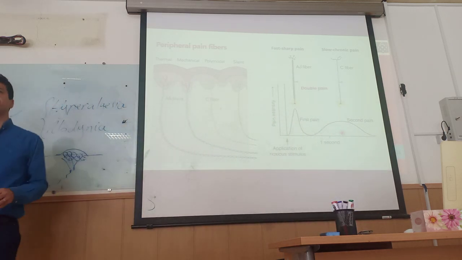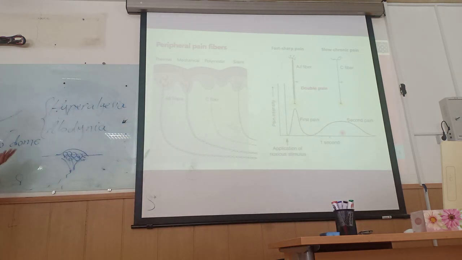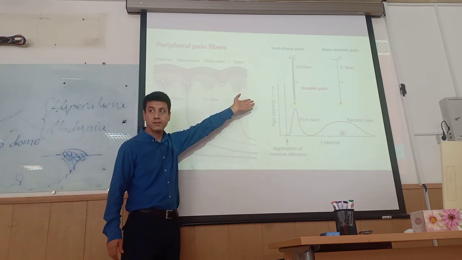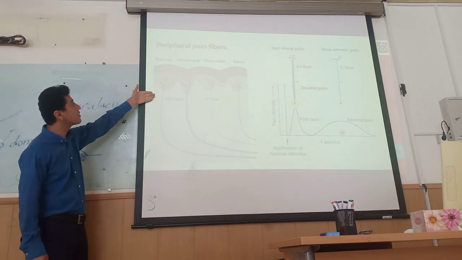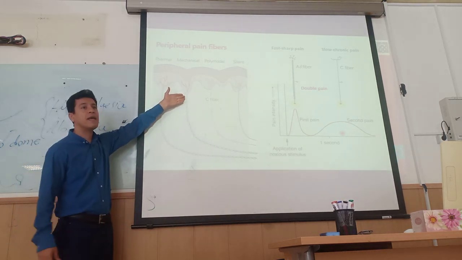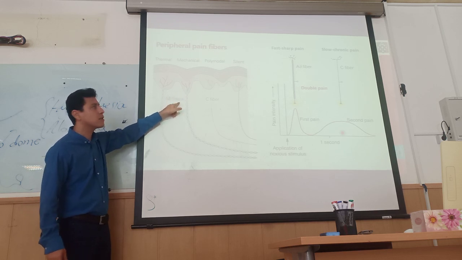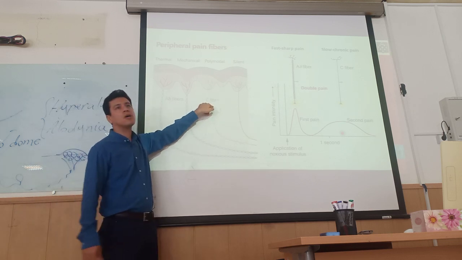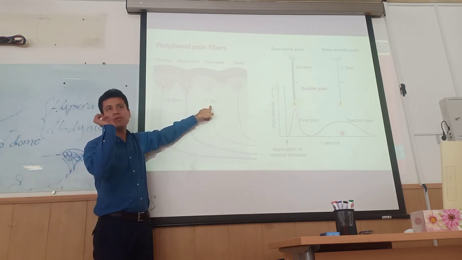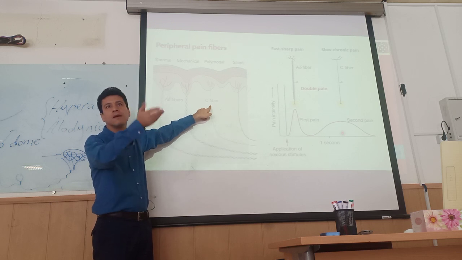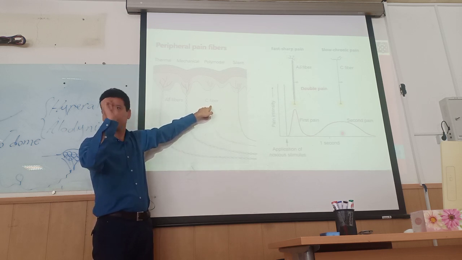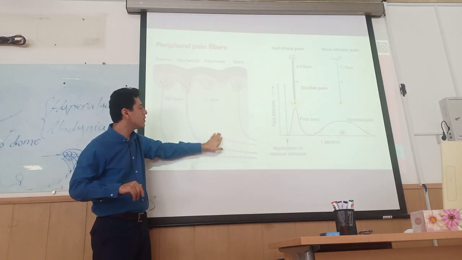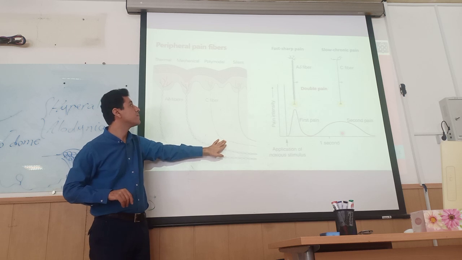For pain, remember we have different types of receptors: thermal, mechanical, polymodal, and silent. You can see that thermal and mechanical pain is transmitted through A delta fibers. But polymodal receptors, those that respond to all of the stimulation, thermal, mechanical, and chemical, are transmitted through C fibers.